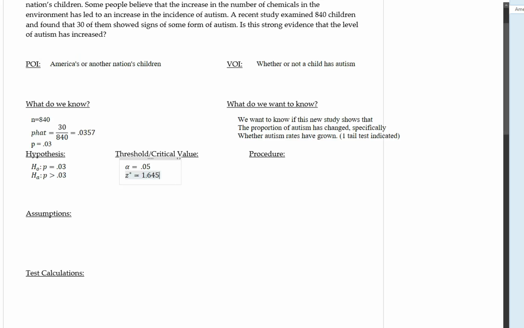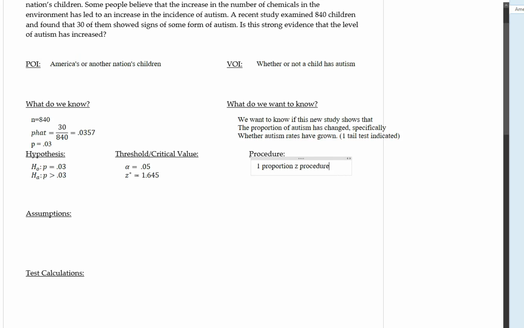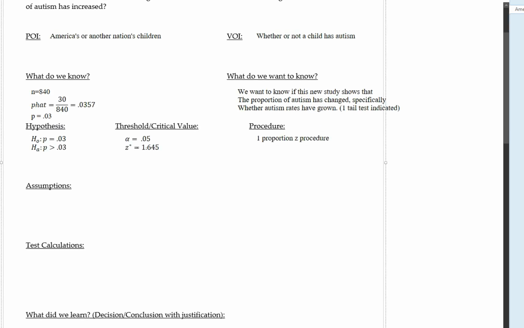Okay, the procedure is, of course, the only one that we're learning so far. So this is a one proportion, because we're only looking at one proportion at a time, Z procedure, because we're using a z-test statistic. So let's go down here and address our assumptions. First we need to establish independence. We do that by deciding whether it was randomized.